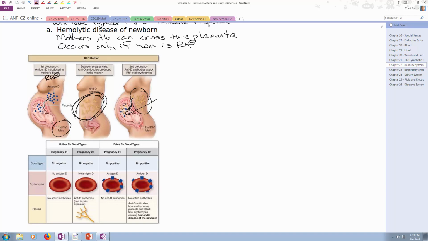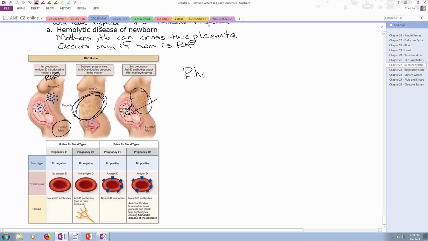So we can make it a size that will not cross the placenta. But anything from the placenta that might get into mom's system, it can immediately neutralize. And so that's what RhoGAM shots do. RhoGAM shots neutralize any sort of antigen that may cross the placental barrier.